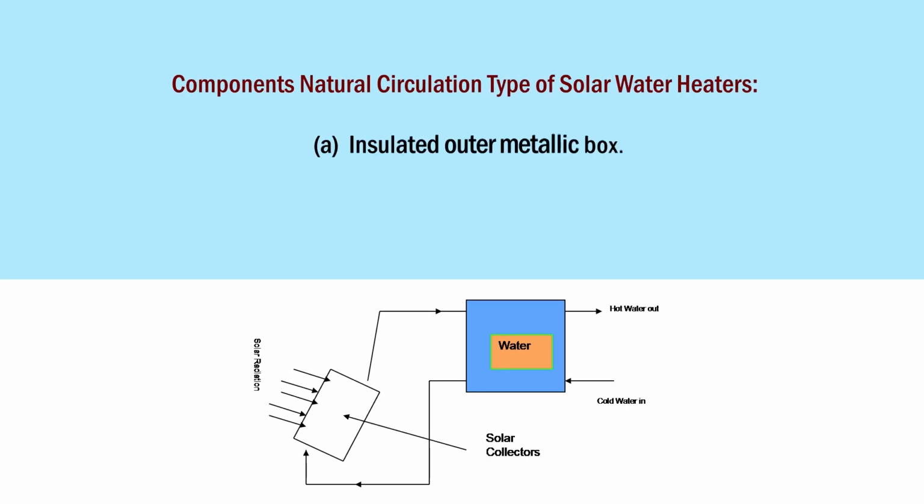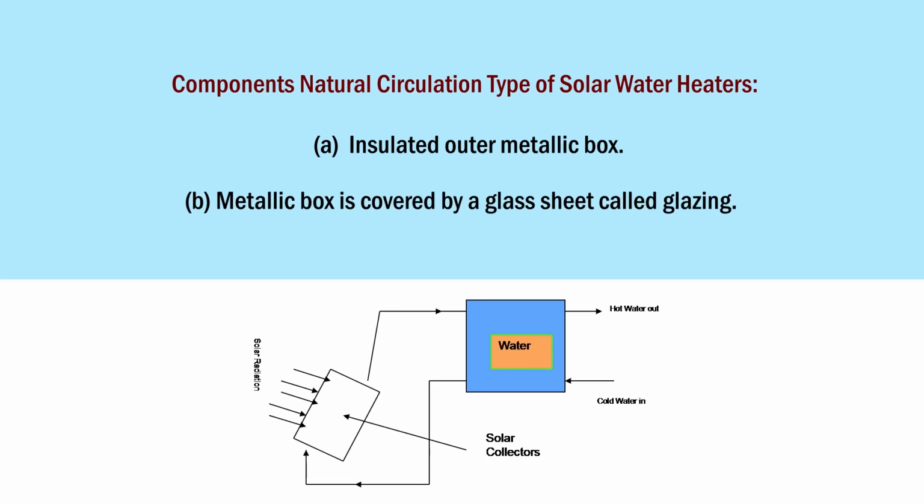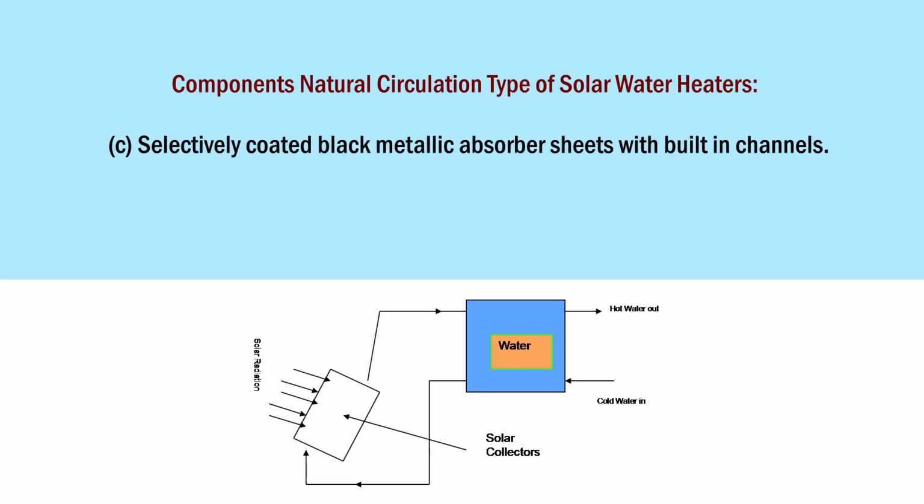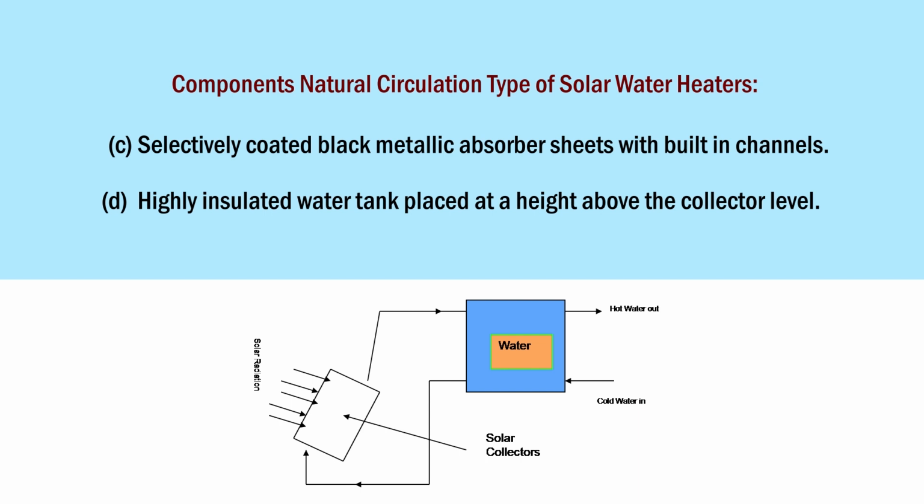One is an insulated outer metallic box. Second, the metallic box is covered with a glass sheet called glazing. Then a selectively coated black metallic absorber sheet with built-in channels, and the next component is a highly insulated water tank placed at a height above the collector level. The solar radiation is absorbed by the absorber.